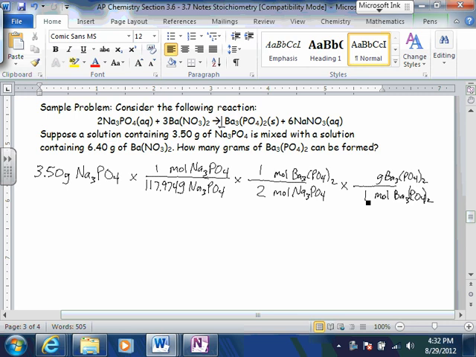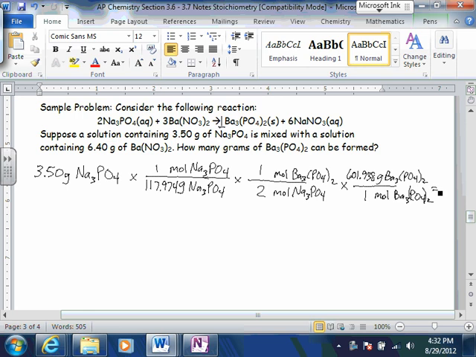And in 1 mole, we're going to have a lot here. Okay, what I'm calculating for that is 601.938 for the molar mass.